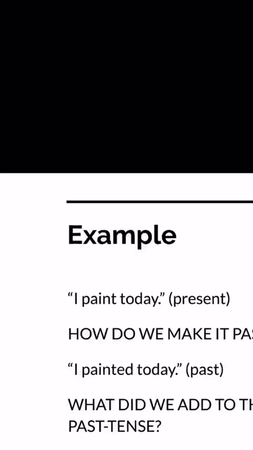How do we make that verb past tense? It already happened. How do we make that past tense? You add an ed to the end of that word. I painted today. Happened in the past. Already done.